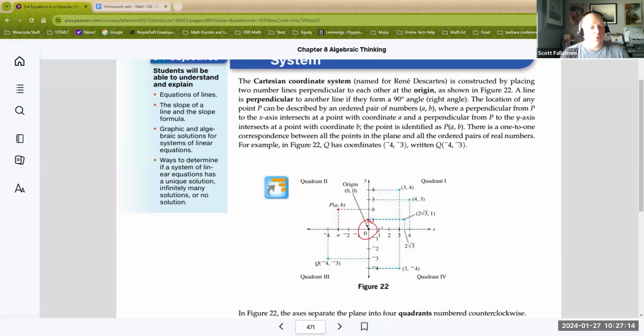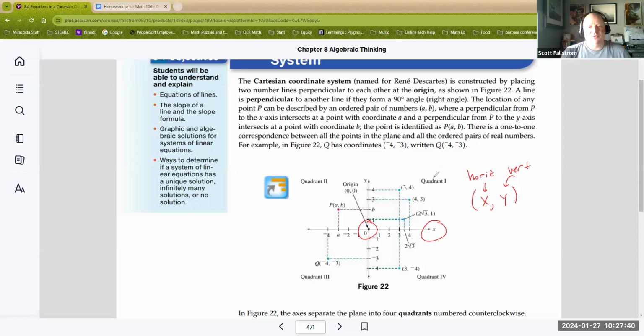Yes, we do call the origin 0, 0. Otherwise, coordinate points are written with an X component, which is horizontal, followed by a Y component, which is vertical. So horizontal is written first and vertical is written second. There is no good reason why this is, but we had to pick something. And so this is what we've chosen, and it's more like a convention.